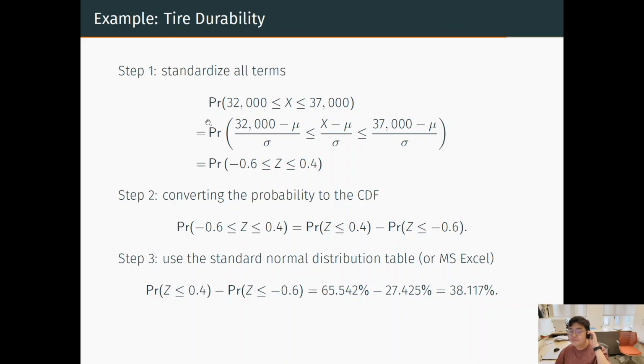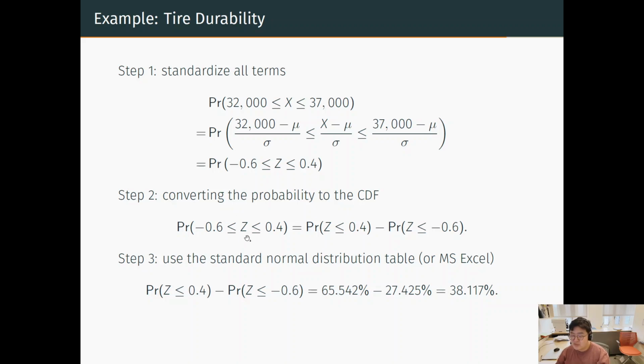Okay, so as before, basic 3 steps. Standardize, convert everything into cumulative probability, use Excel, right? So first step, standardization. Standardize everything that is compared to X, right? So 32,000 and 37,000 must be standardized, and we know they are -0.6 and 0.4. And then it is a probability of an interval.